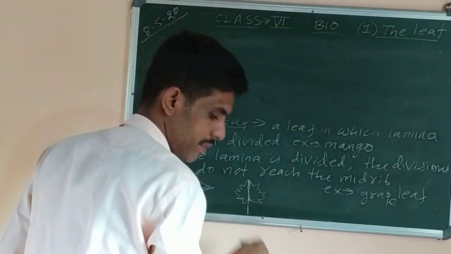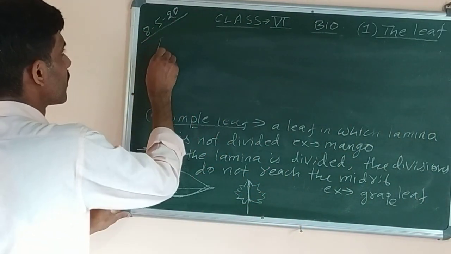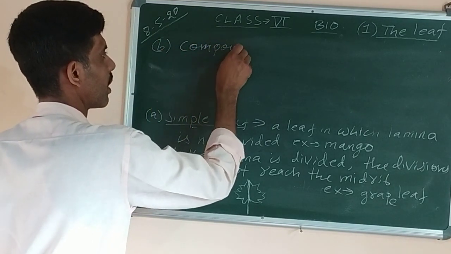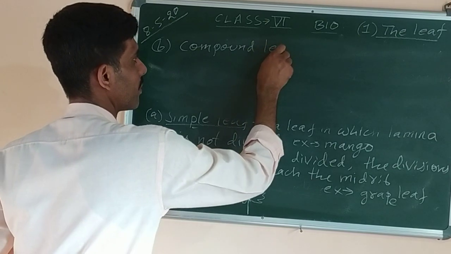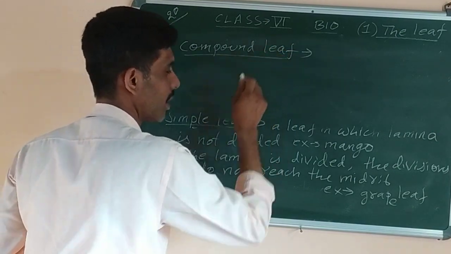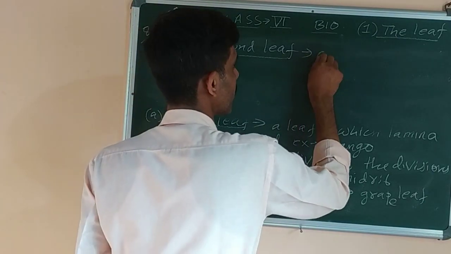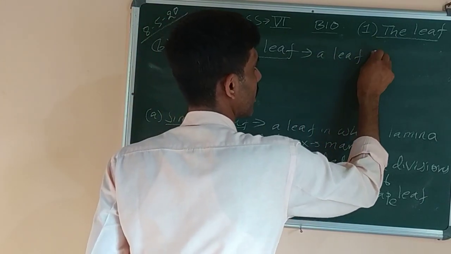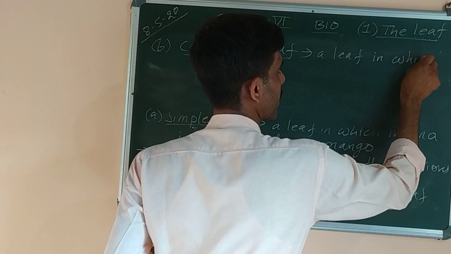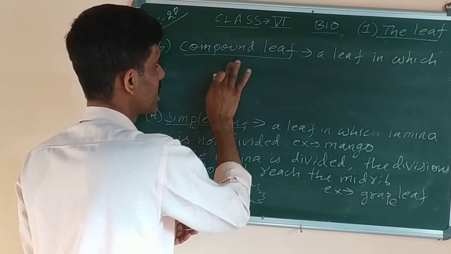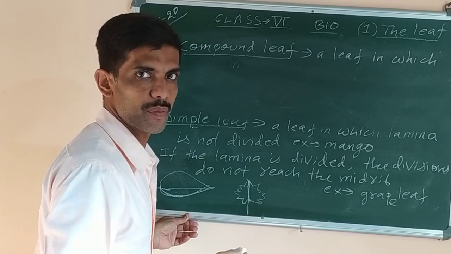What is a compound leaf? A leaf in which incisions reach up to the midrib, or the lamina is divided up to the midrib.